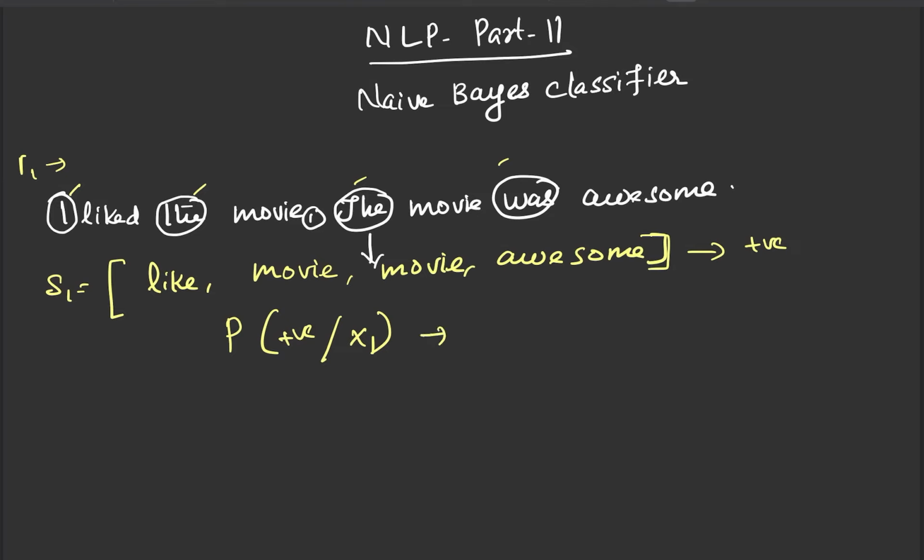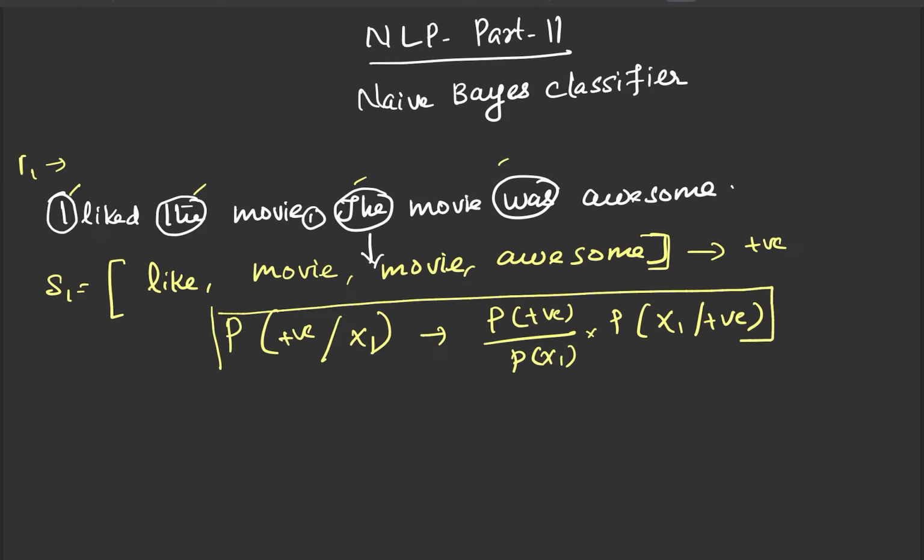The Bayes formula says that it is equal to the probability of the positive class over the probability of this x1, which is multiplied by the probability of x1 given it is a positive class. So, this is our Bayes formula that we saw in our previous class. Using this formula, we can calculate the probability of the sentence being positive only for the word x1.